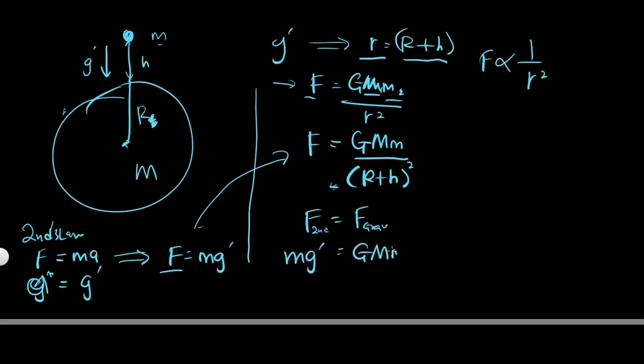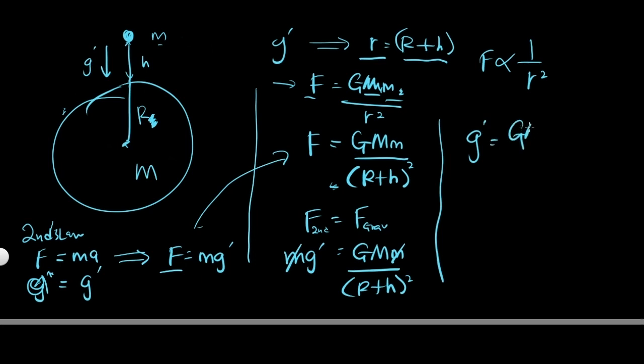So mg equals G M m divided by (R plus h) squared, where m is the mass of the same object. So g equals capital G, the gravitational constant, times M divided by (R plus h) squared. Now we have this equation.